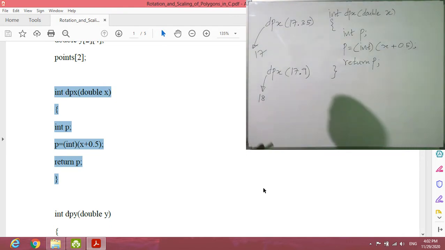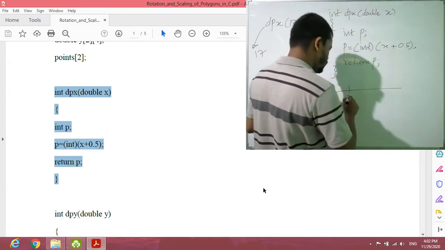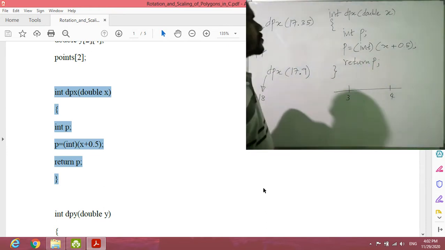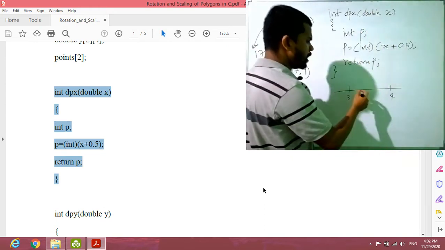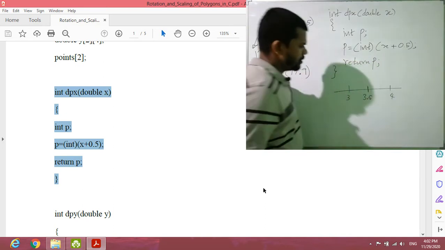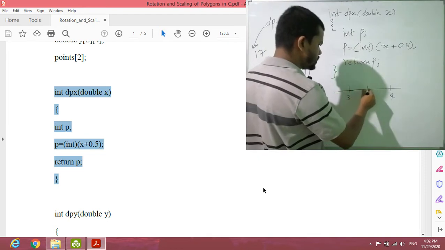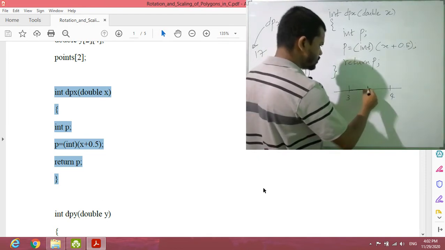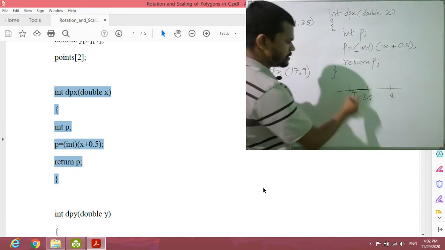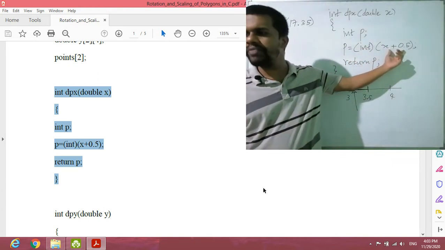If you try to understand the concept logically, let's say we have 3 and 4 here, and in the middle we have 3.5. If we pass a number in between these two, then it will add 0.5.